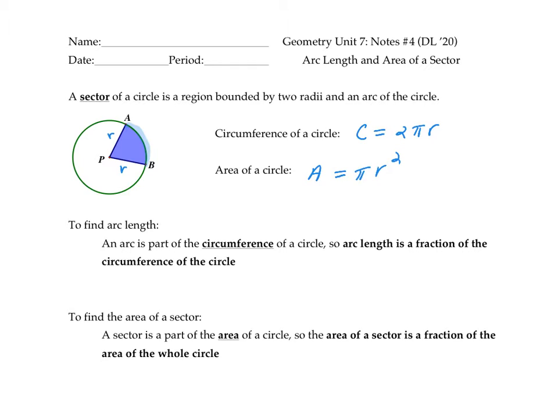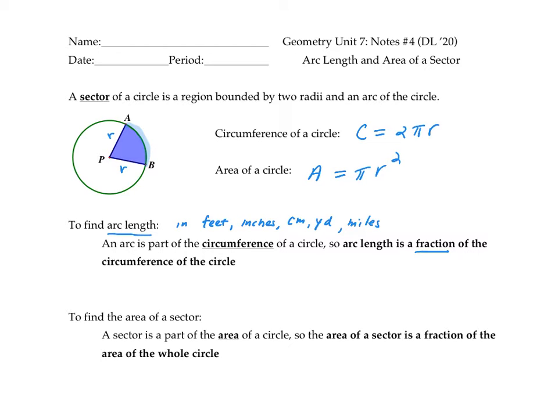Now, to find arc length, which is different than the measure in degrees, arc length is in feet, or inches, or centimeters, or yards, or even miles. That would be a really big circle. But an arc is a part of the circumference of the circle, so arc length is a fraction of the circumference of the circle.